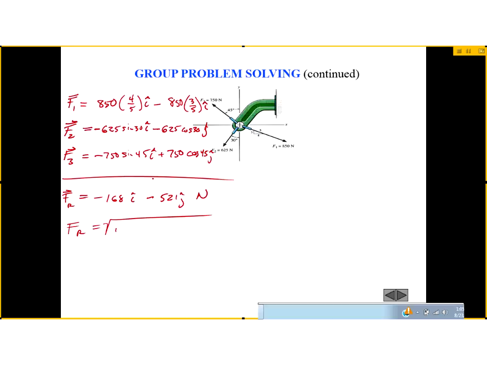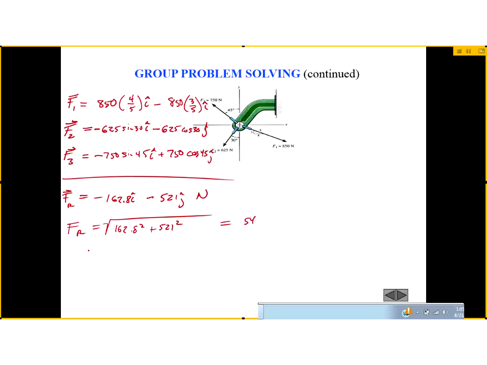I'm sorry, it's not 168, it's 162.8. I have a typo there. So the magnitude would be the square root of the sum of the squares. It's going to be 546.